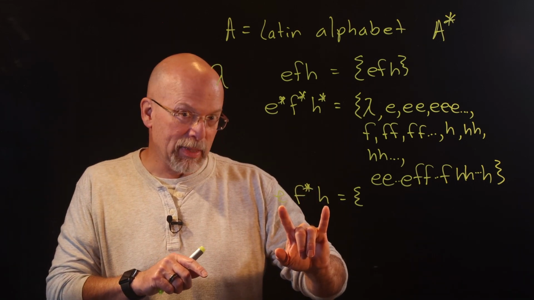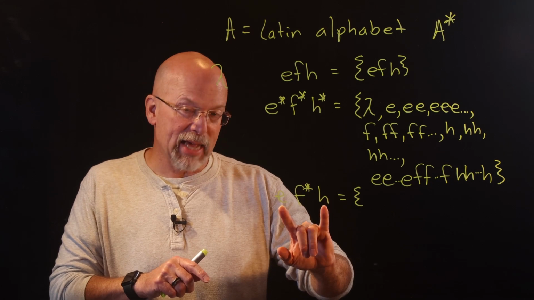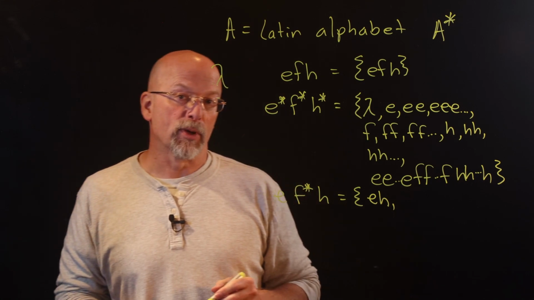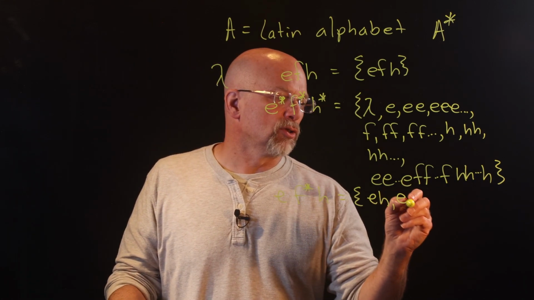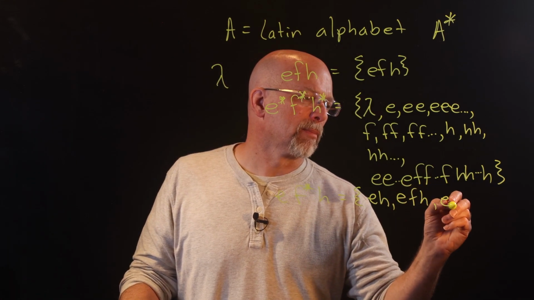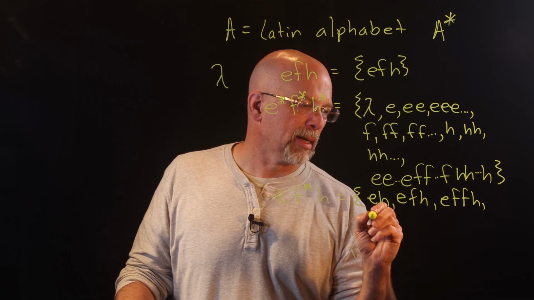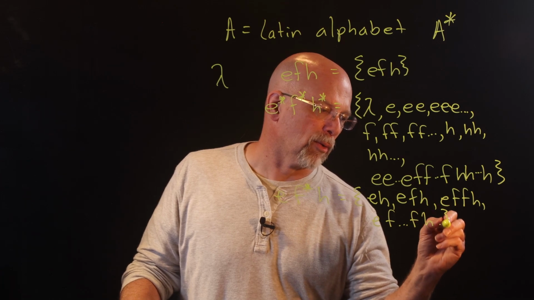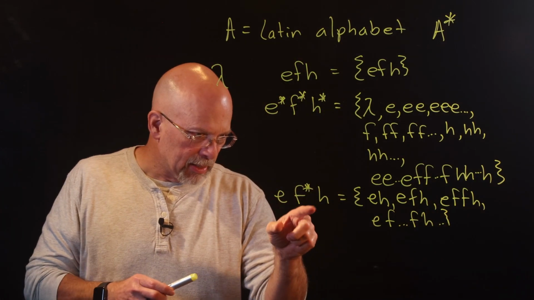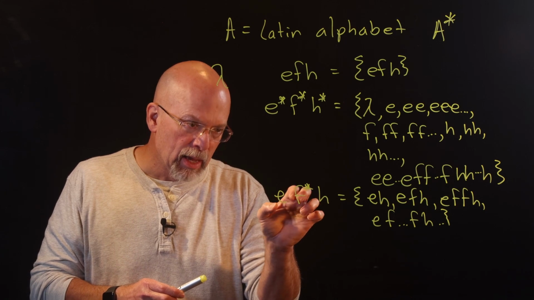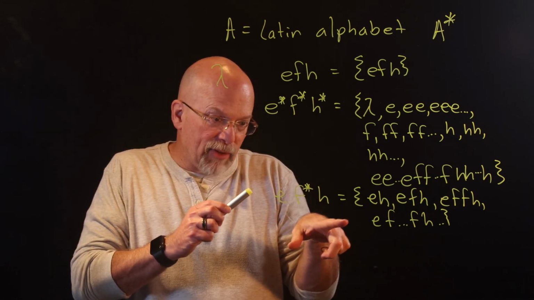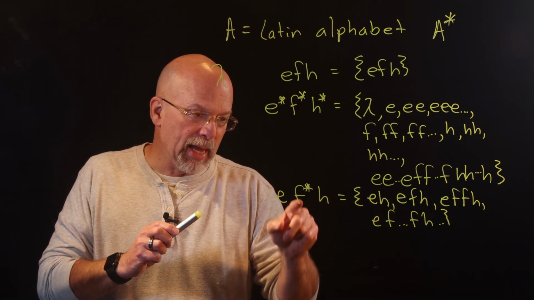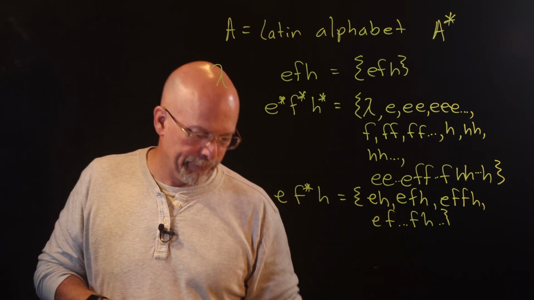So there has to be at least one E and there has to be at least one H. So the smallest string we can come up with is EH. And then you just start adding F's. All right, and so E, F, all the way, and we keep going, right? And so the idea is that we can have any string where we have an order E, F, H, where there's exactly one E, exactly one H, and any number of F's in between them.